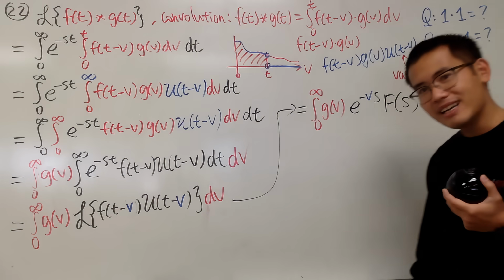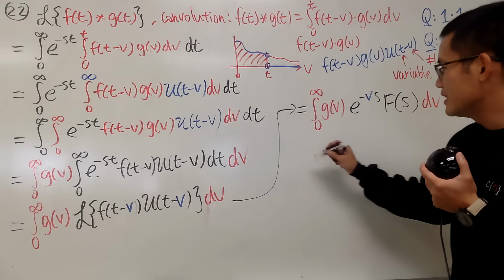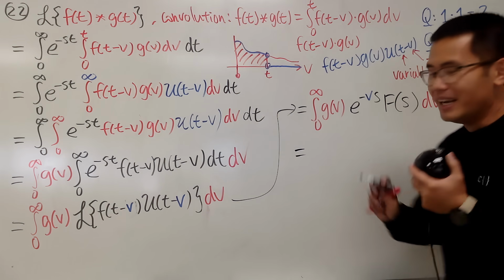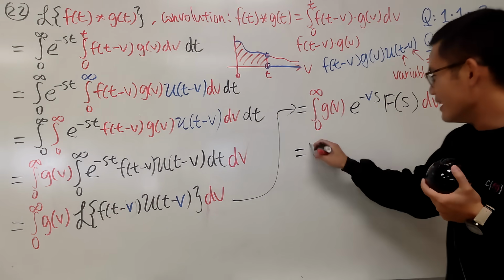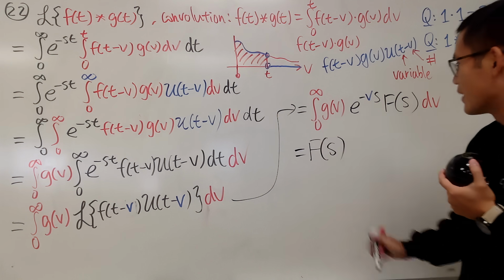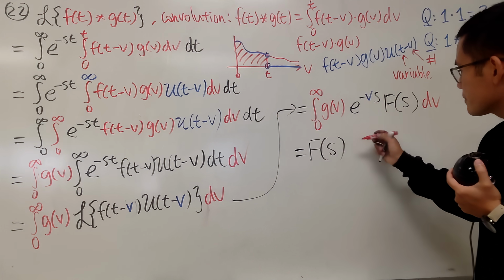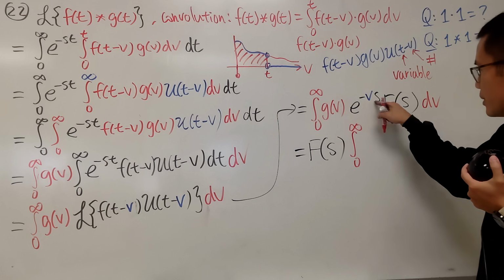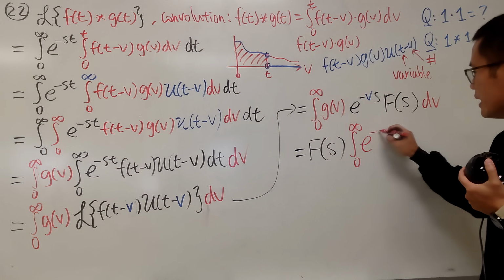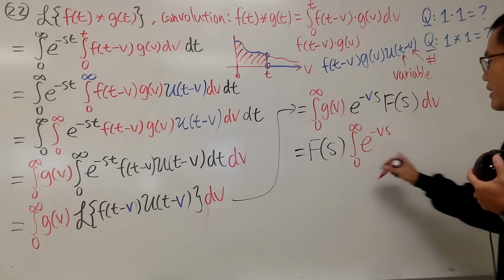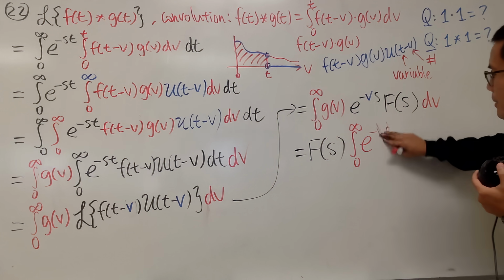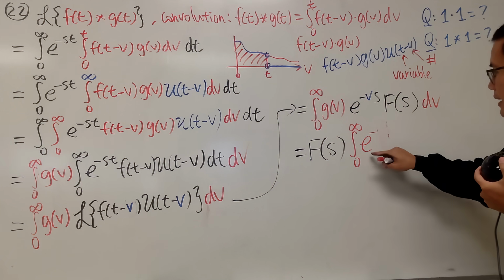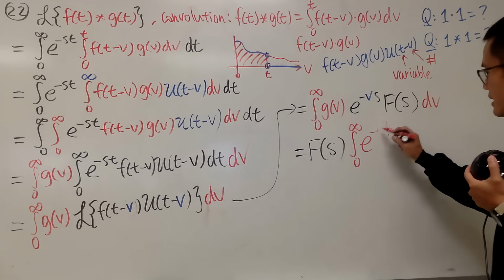Ah, so nice, huh? Because now F of s is just a constant in the v world. I know, it's just really crazy, but it's really fun. You can put the F of s all the way in the front, and then look at the red part. So here we have the integral going from 0 to infinity. And allow me to write this down first, which is e to the negative v s. Let me write it as sv.